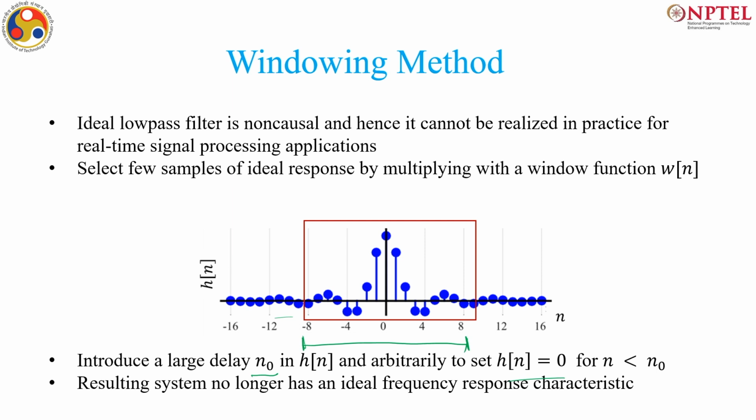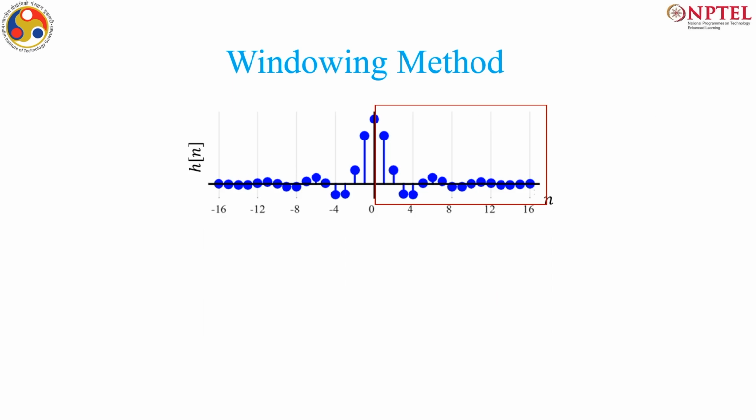But what is the problem? This looks so good, but the resulting system no longer has an ideal frequency response like the one we desired. So, you shift this and then take the window. Basically, we are multiplying the desired response, and here just the window is shifted.